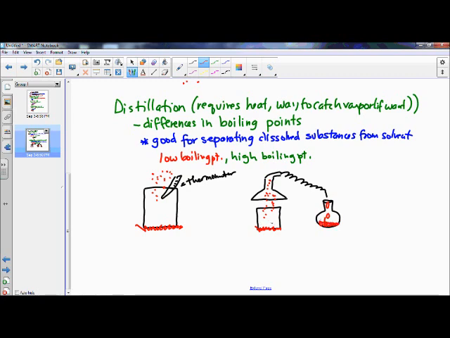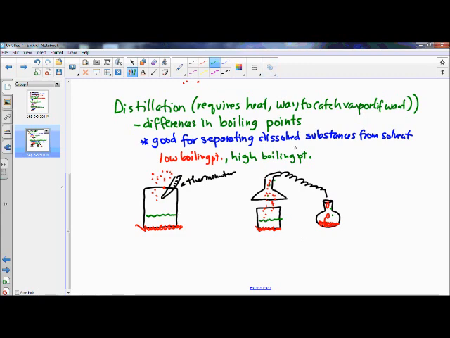You basically heat it from liquid to gas, and then cool it back down to a liquid. The important thing is that you leave behind most of your higher boiling point substance. Distilling isn't going to be 100% pure. You're still going to get a little bit of your high boiling point mixture. You can distill things over and over, and eventually get it pretty pure. It's not perfect, but it works pretty well.